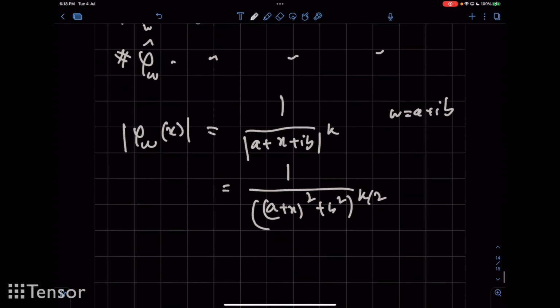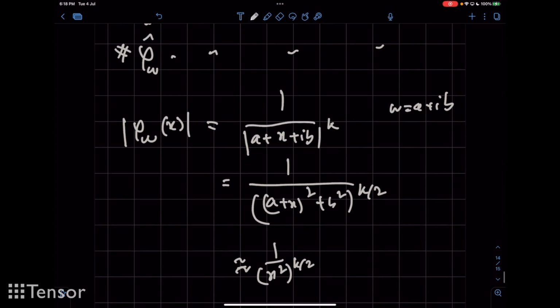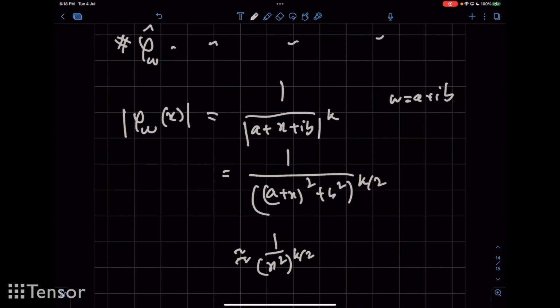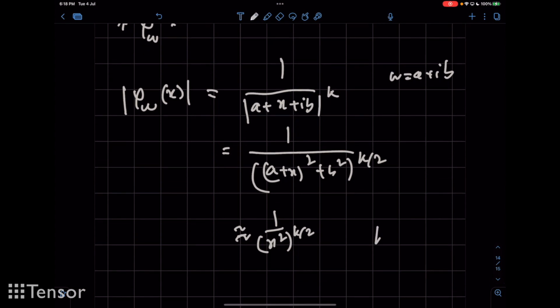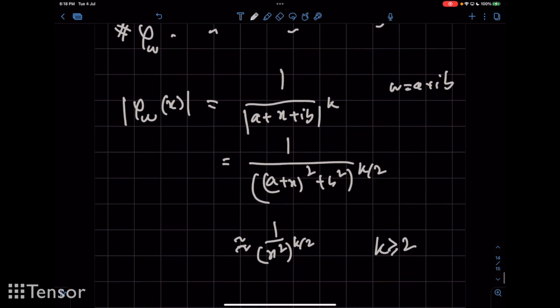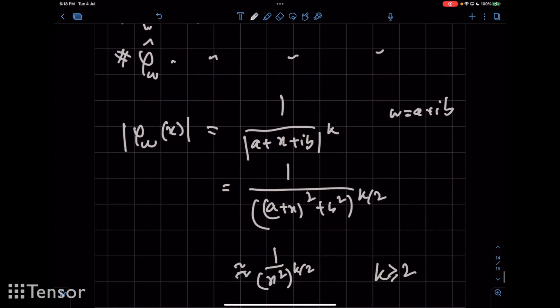And this is of the order 1 over x squared to the k over 2. And this integral converges for k greater than or equal to 2. Okay. So therefore, phi w is absolutely integrable as well.